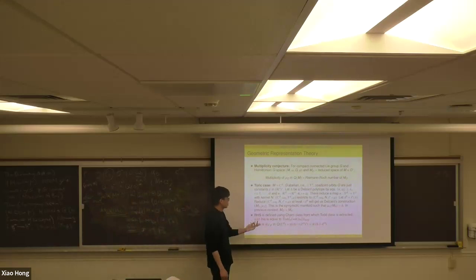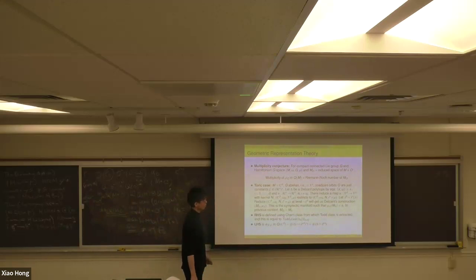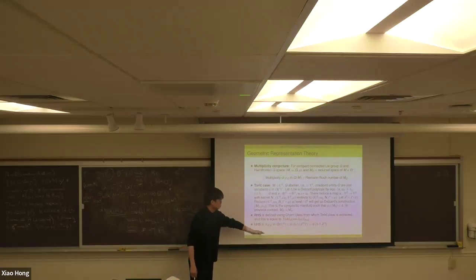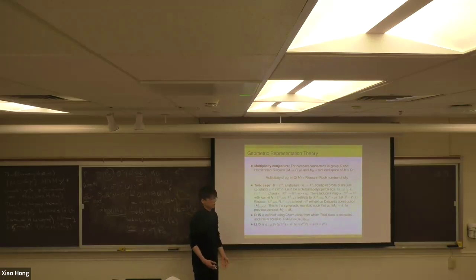Why? Because the right-hand side is defined using the Chern class, and you can use that to define the top class, and then this will be shown to be equal to this. And the left-hand side can be shown to be the multiplicity of this O, because in the toric case, these coadjoint orbits for this action are just points.